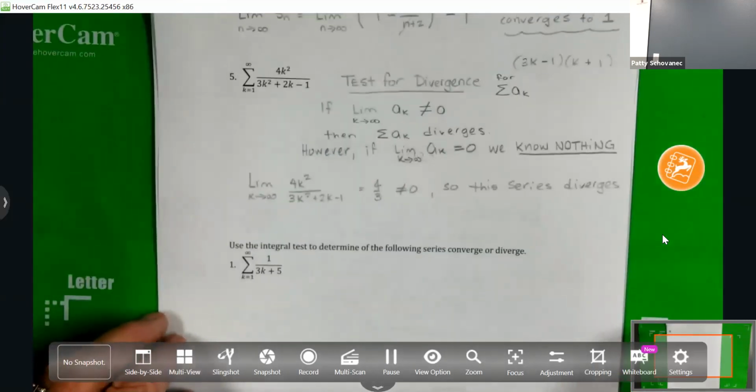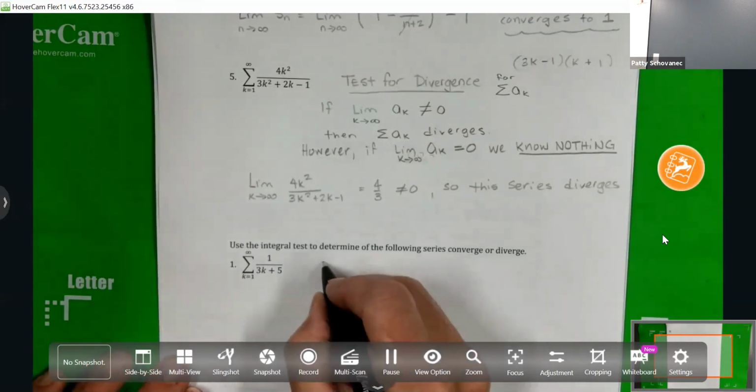So let's go back to my example. I said use the integral test to determine if the series from k equals 1 to infinity of 1 over 3k plus 5 converges. You think, well, I've got to find a function that fits that. Well, that's easy enough. Take the k out, put an x in, there's your function.